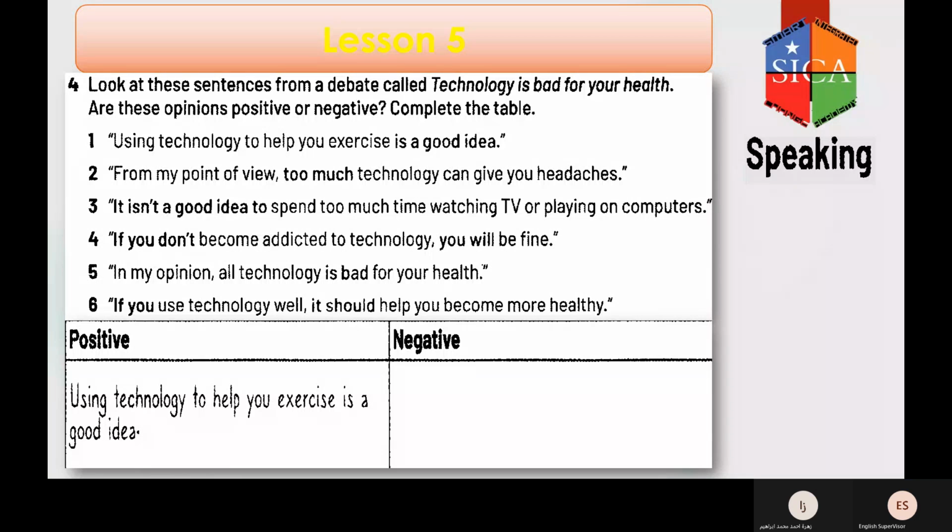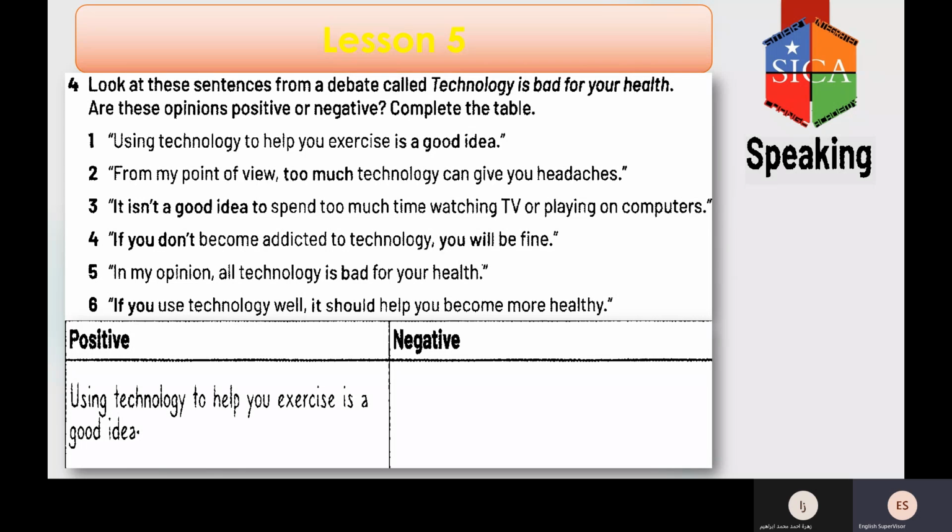Positive means, let's say, good thing or bad thing. Good thing, excellent. So negative means bad thing. Great.